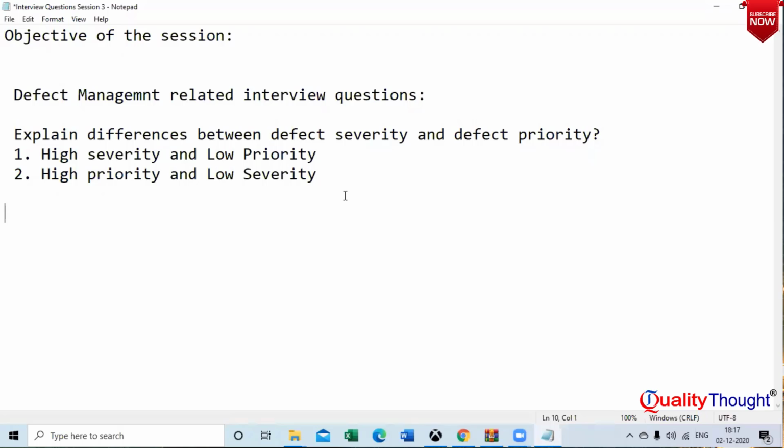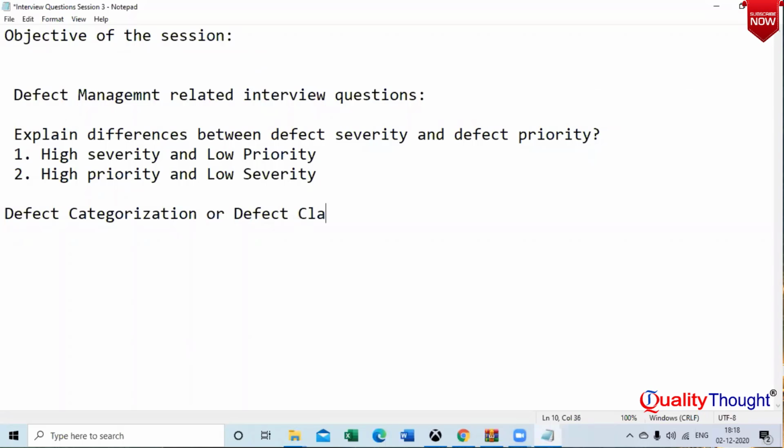This topic comes under defect categorization, or defect classification.